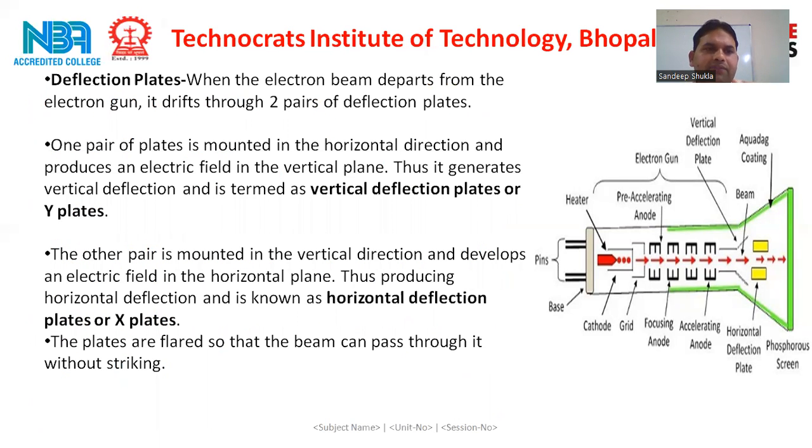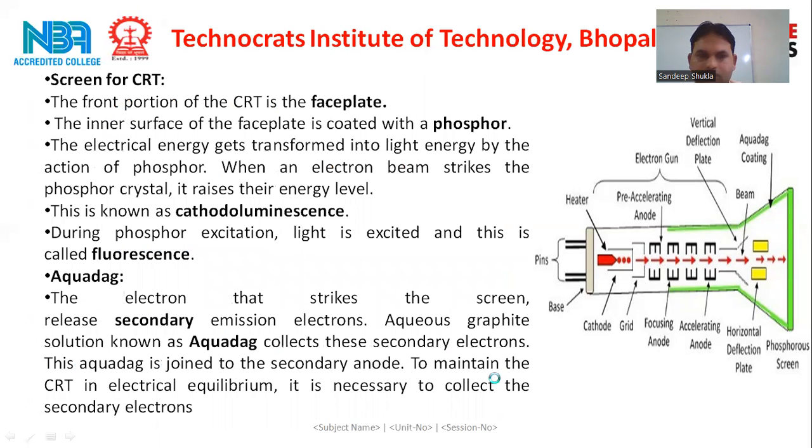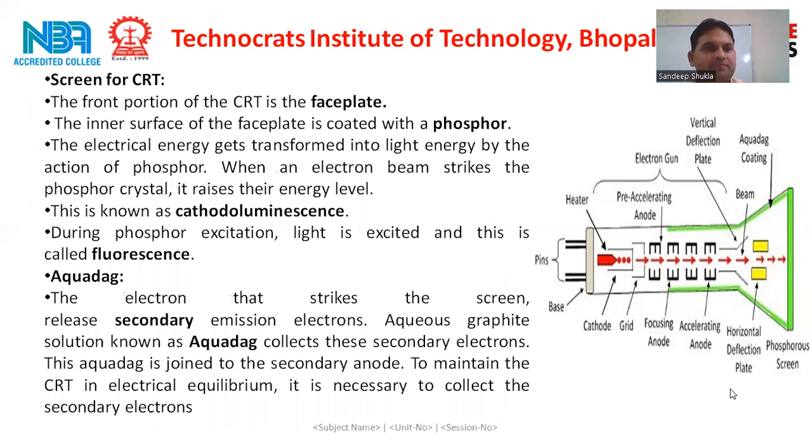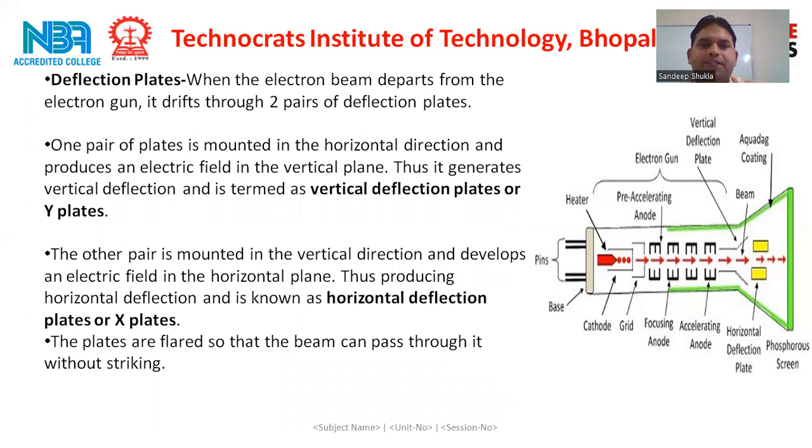Next one is the deflection plates. When the electron beam departs from the electron gun, it drifts through two pairs of deflection plates. You can see here the vertical deflection plate and the horizontal deflection plate. One pair of plates is mounted in the horizontal direction and produces an electric field in the vertical plane.